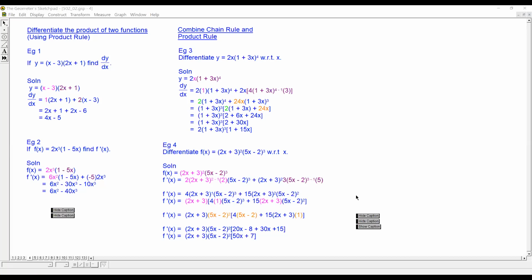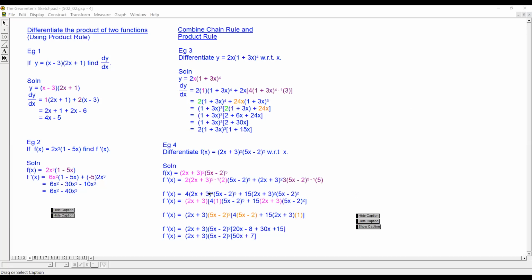So it's like this. So already simplified. Now is the factorization. Okay, now I want to factorize this (2x + 3).